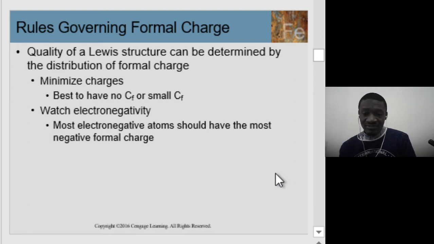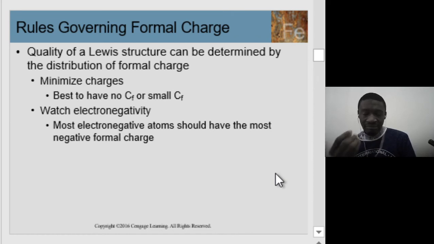Thinking about cumulative charge, remember in some lectures before, we did electronegativity, and we said this is the intrinsic ability of an atom to draw electrons to itself.